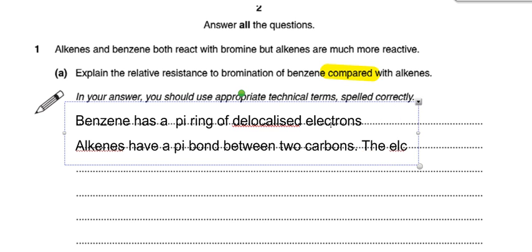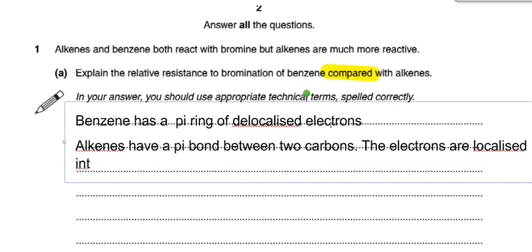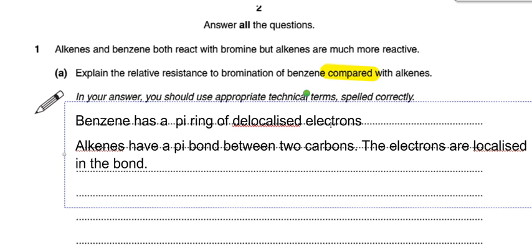The electrons are not delocalized this time, but localized in the bond. So we've covered 2 marks there. We've said what benzene is like, where its electrons are, and we've said what alkenes are like and where their electrons are. Now we've got to pick up 2 more marks, 4 marks worth for here.